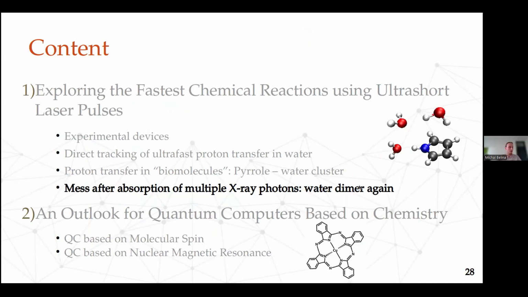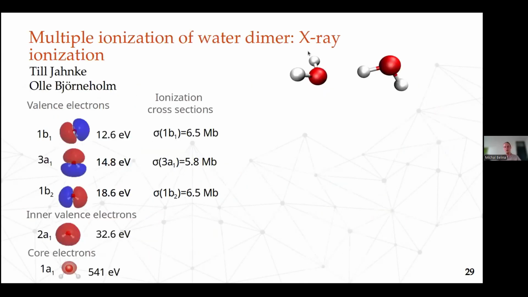And now only briefly, I will go through what I call the mass after absorption of multiple X-ray photons. I'll be looking at the water dimer again. And now the thing is that we are not interested in these valence electrons, but we are more interested in these core electrons.